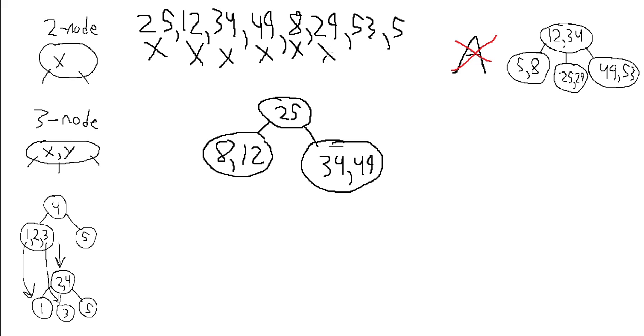Next, we have 29. 29 is greater than 25, and so it goes to the right subtree. And because it is less than both 34 and 49, it goes to the left of these two values. And once again, we're left with a 4 node that we need to reconcile. So we are going to fix this by sending the 34 up to join the 25.